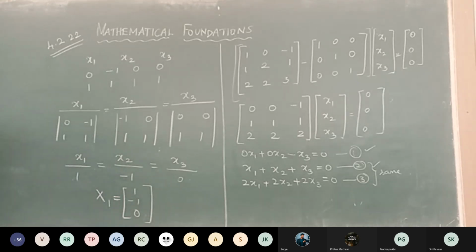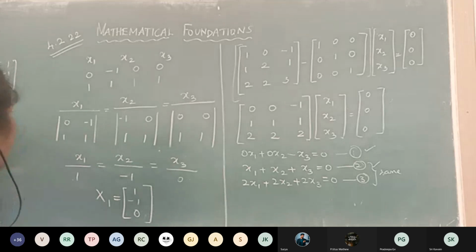In the same way, we will find it for lambda equal to 2. You finished writing, tell me. So we have found your eigenvector x1 to be 1, minus 1, and 0.